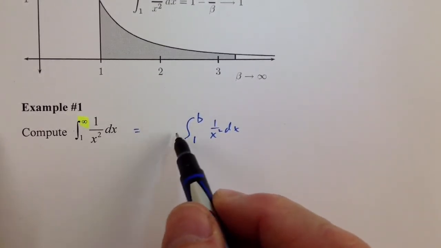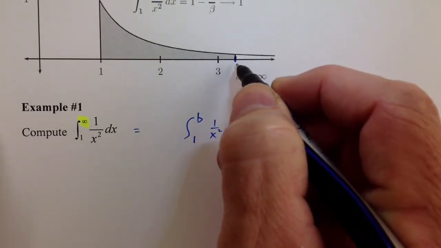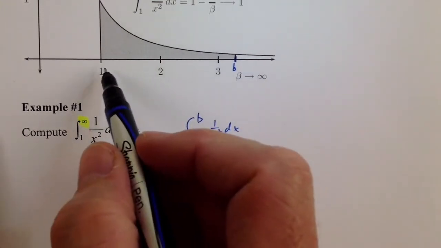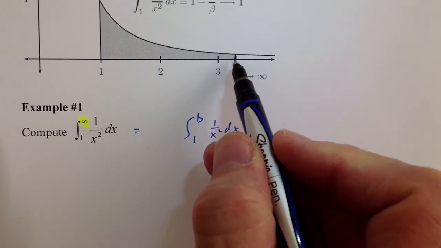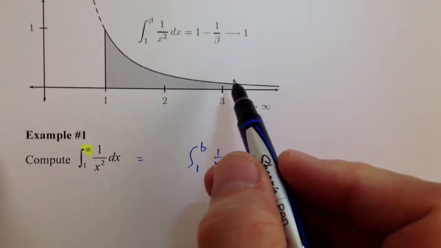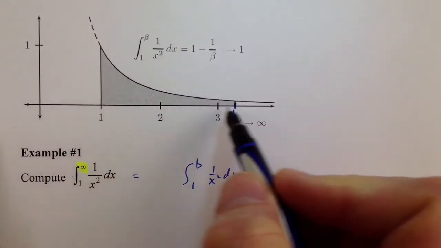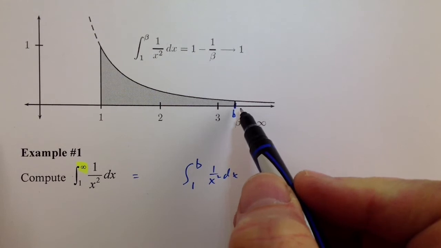I left a little space here because I'm going to add a little something there. If we let b be some random constant greater than 1, we can easily see that from 1 to b, the area beneath the curve 1 over x squared and above the x-axis is finite.